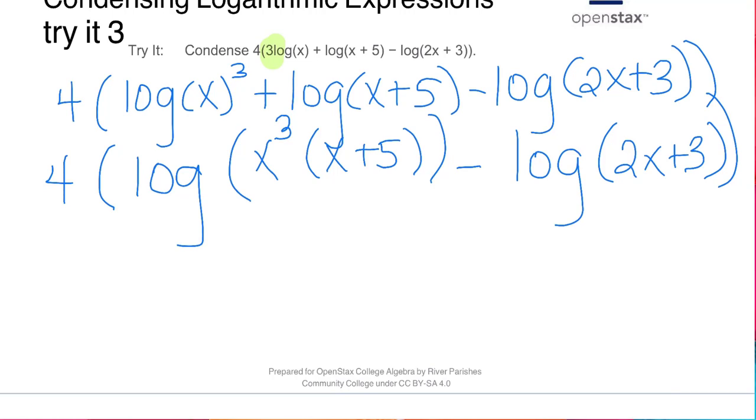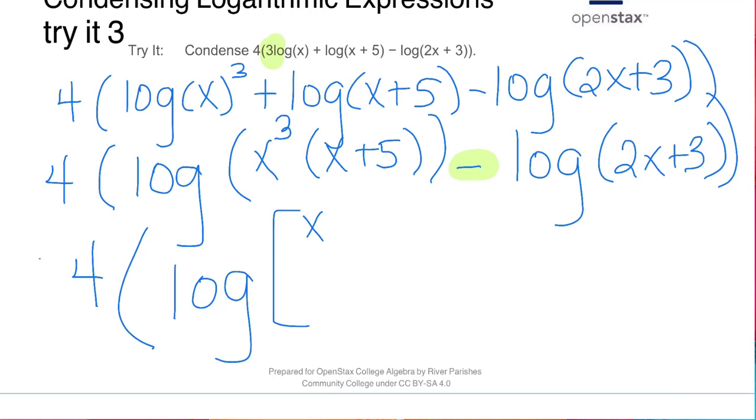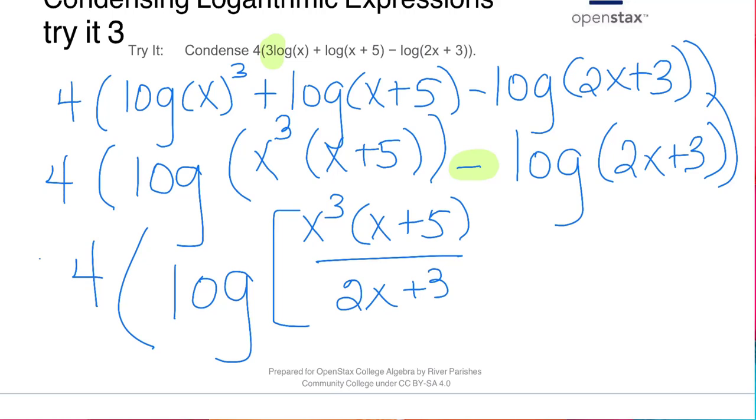Alright, so now this subtraction, I can write that as a quotient. So 4 times log of, on the top we have x to the 3rd times x plus 5. On the bottom I have 2x plus 3. Alright, and I still have 4 in the front.